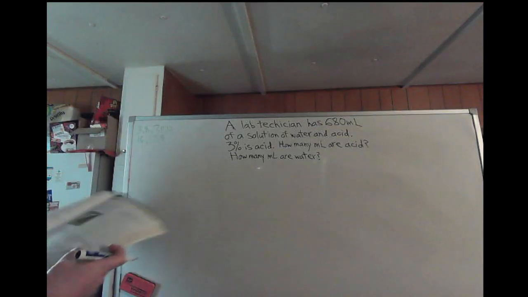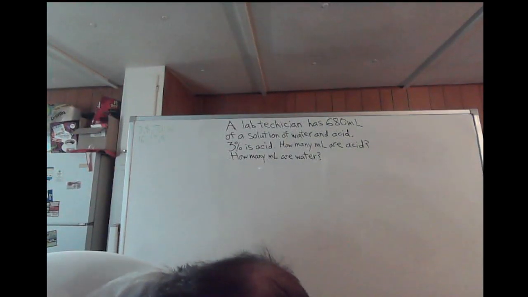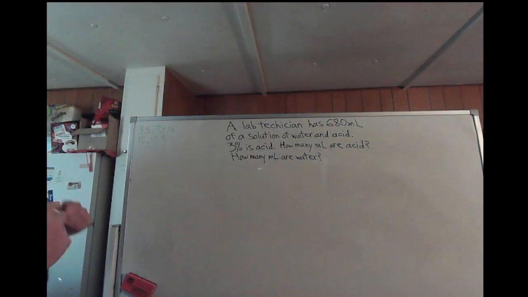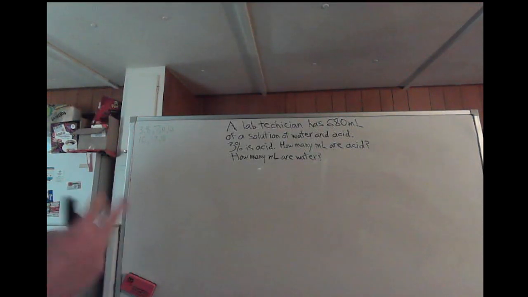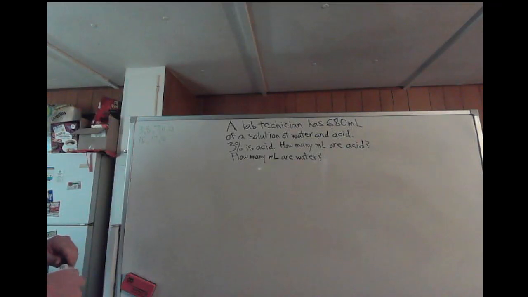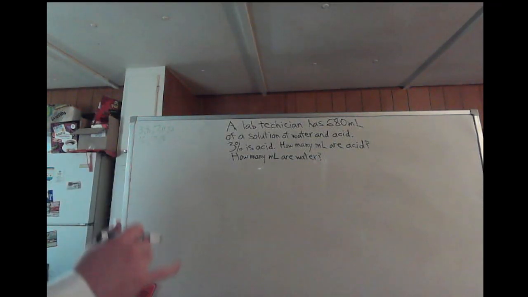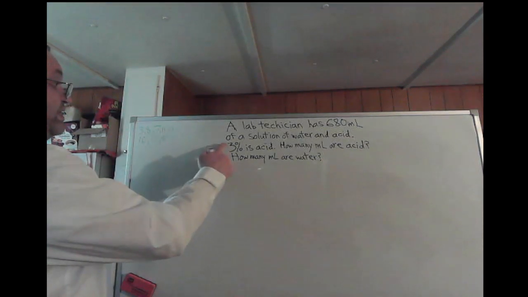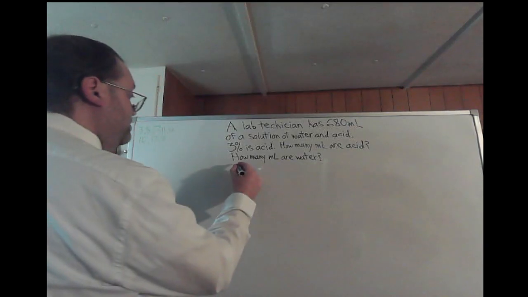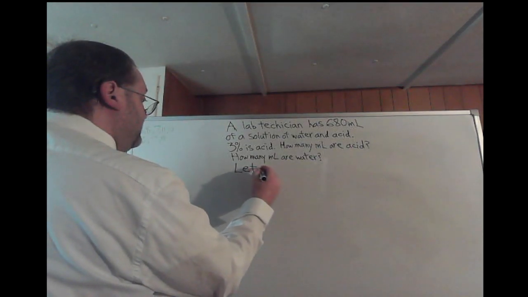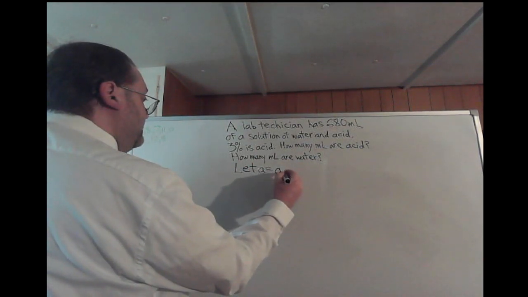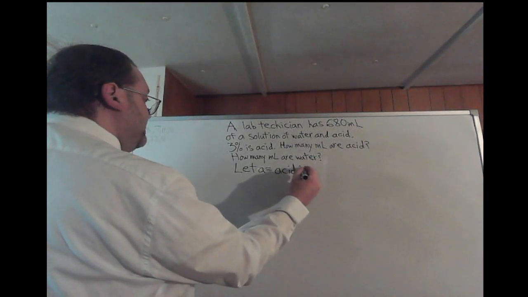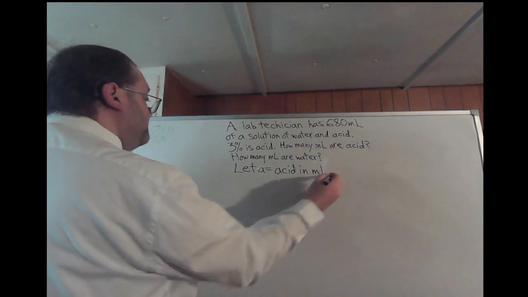Alright, so we got this problem here. A lab technician has 680 milliliters of a solution of water and acid. 3% of that solution is acid. So how many milliliters of it will be acid? How many of it will be water? Well, first thing we're going to do is solve for the acid content, because they give it to you that 3% of it's acid. So we'll let A equal acid in milliliters.